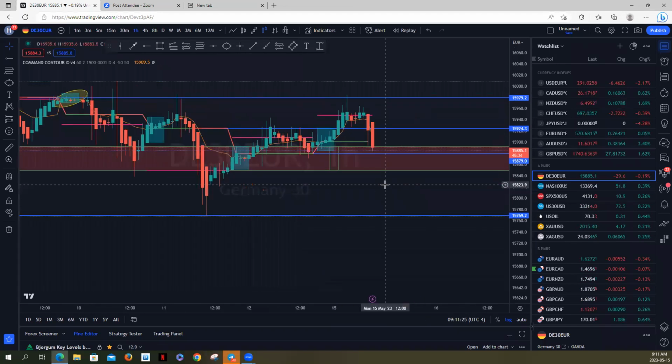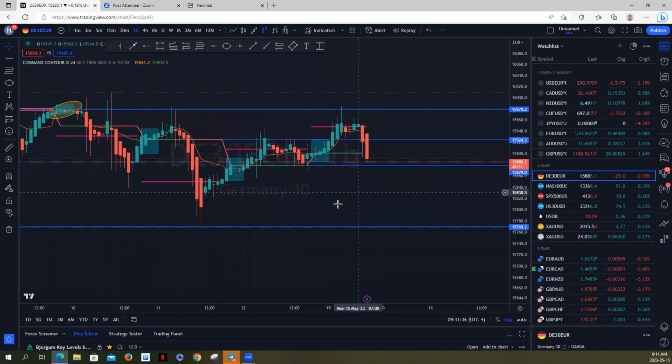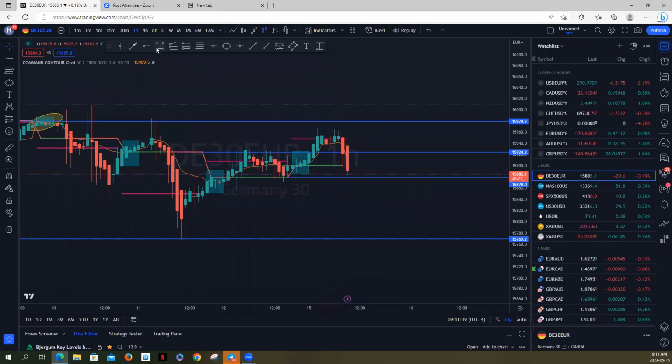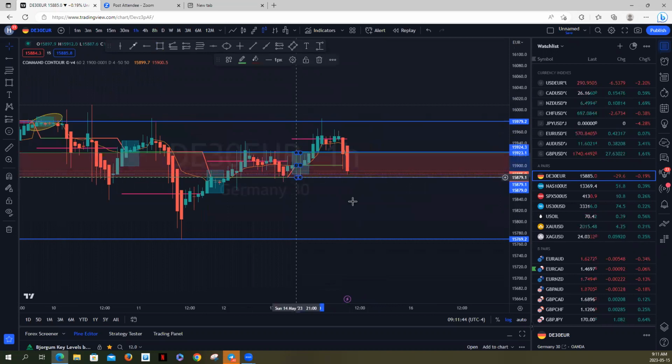So for the German 30, let me clear all these. For the German 30, mark top and below, I include the command contour because it's right there. And in this case, we just wait.